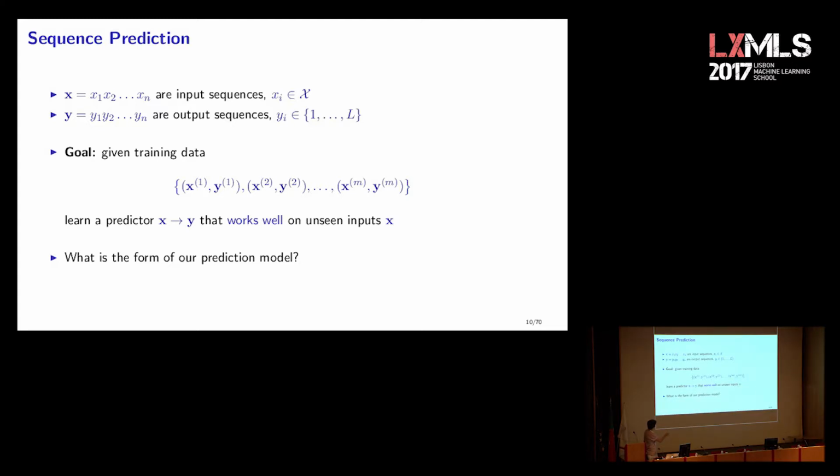So we're going to give training data. This is supervised machine learning, so we're going to give pairs of inputs and outputs, each of which are sequences. I want to learn a predictor that maps X to Y's and works well. The first question is to understand what this predictor is, and that's what we're going to focus on until the break: understanding what functions take sequences as input and predict sequences as output. Each input has a certain length, but we want to learn predictors that work for any length.